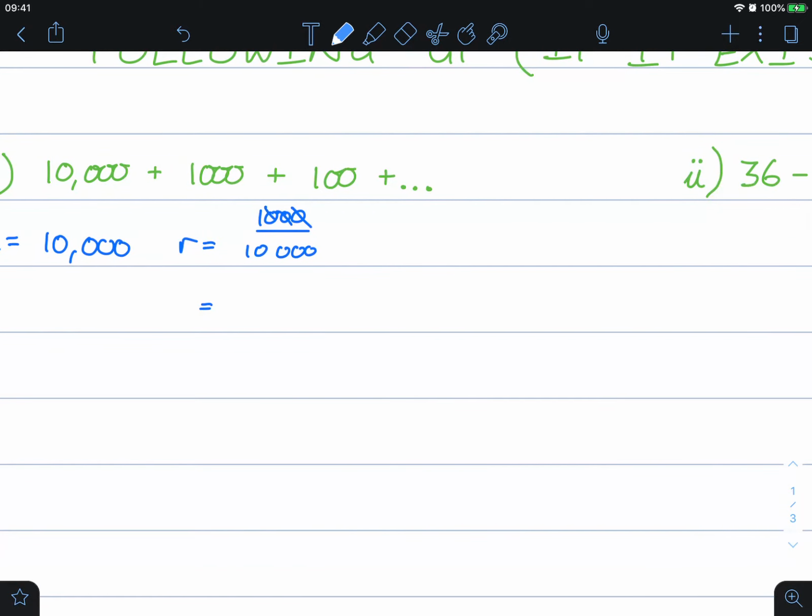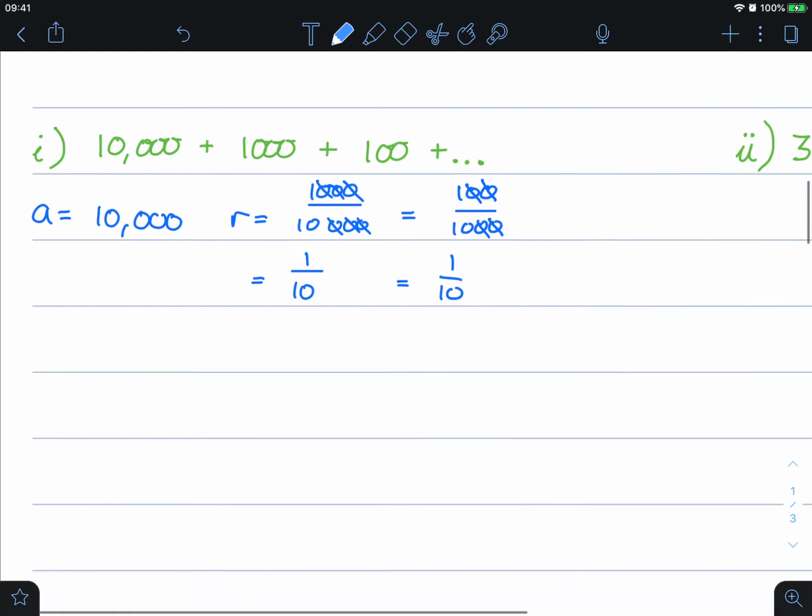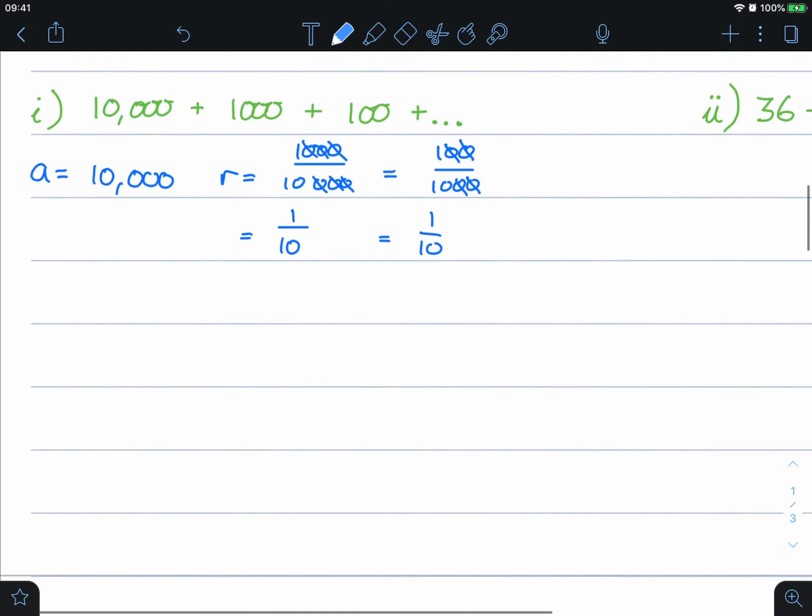The common ratio is 1/10. You can always double check. The next term, 100, divided by the previous term, 1,000. Cancelling off the two zeros, we're left with 1 over 10. So this will definitely work because our ratio is just 0.1, which is less than 1.